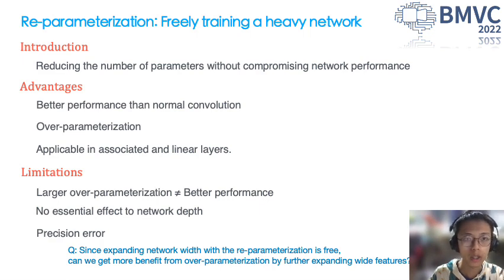The reparameterization strategy has been widely used in various computer vision tasks. It can reduce the number of parameters without compromising network performance. It has advantages such as better performance than the normal convolution and can get more benefit from overparameterization, and is applicable in associated and linear layers, but it still has some limitations.